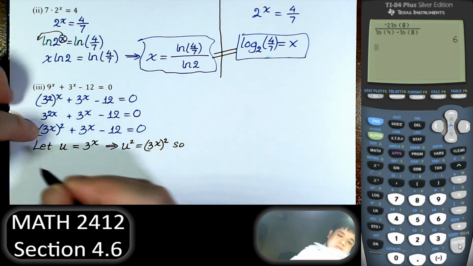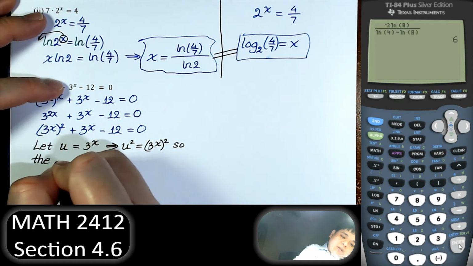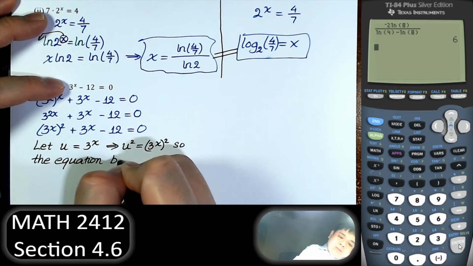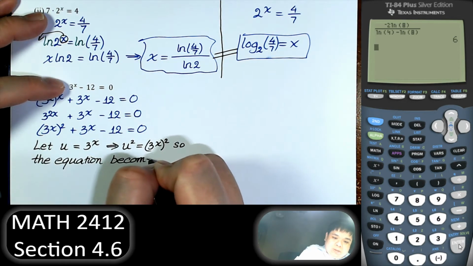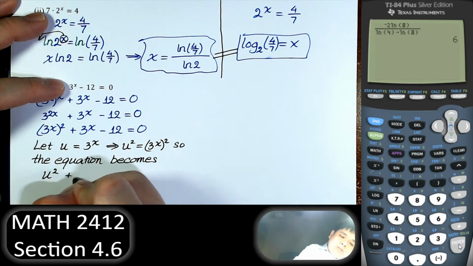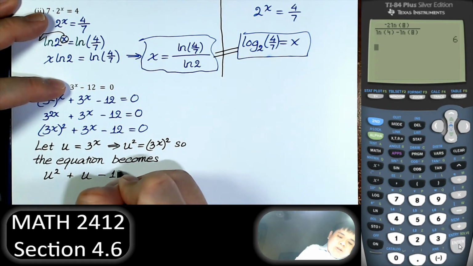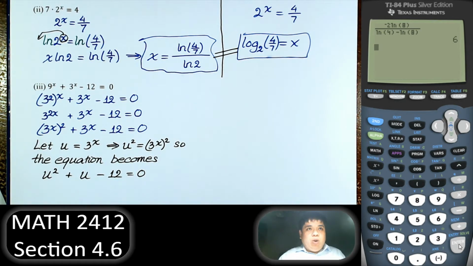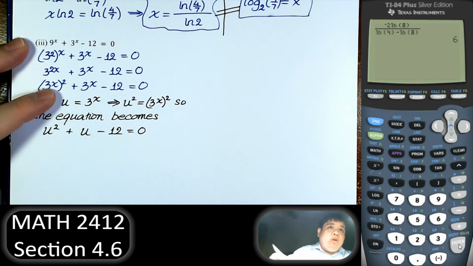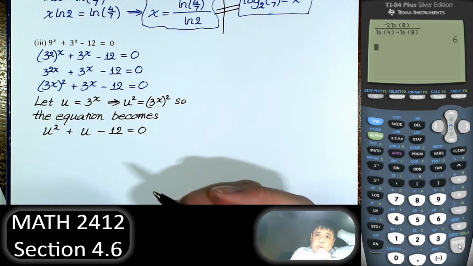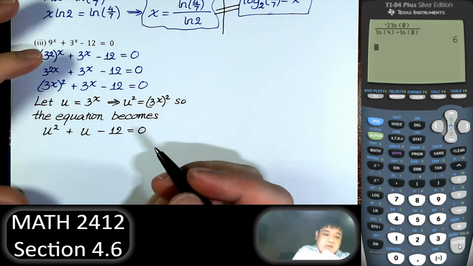So the equation becomes u squared plus u minus 12 equals 0. Right, so now we have an equation in terms of u, which we'll solve first. Factors multiply to 12, like 2 and 6 or 3 and 4.